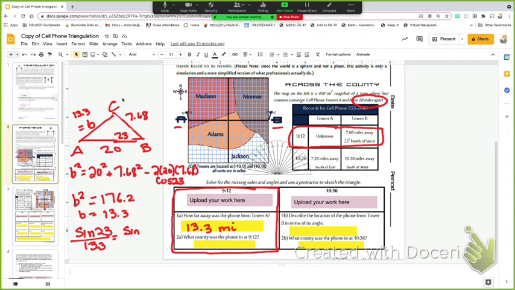So the sine of 23 over its opposite side equals the sine of A over its opposite side. So I am finding the smaller angle first, and then you find angle A. It's 13 degrees.